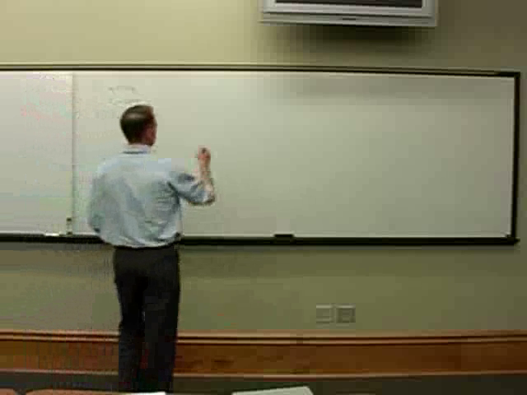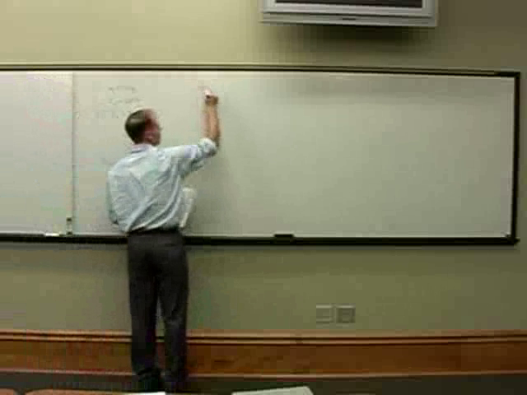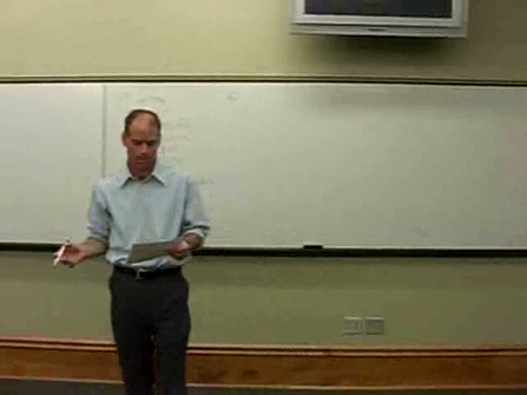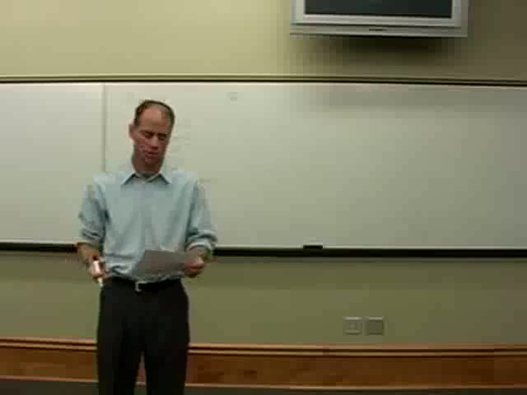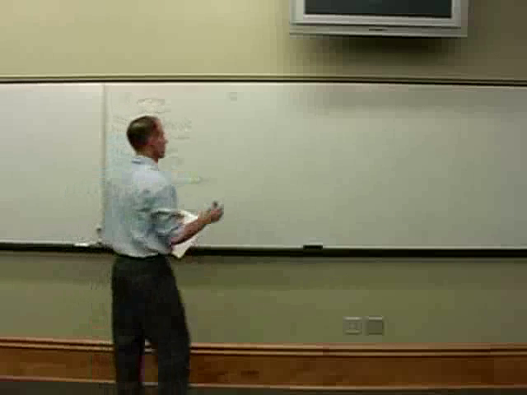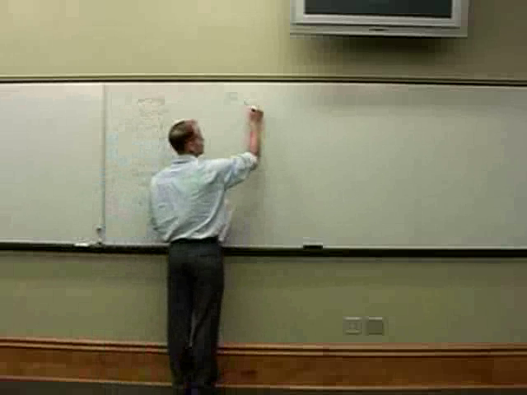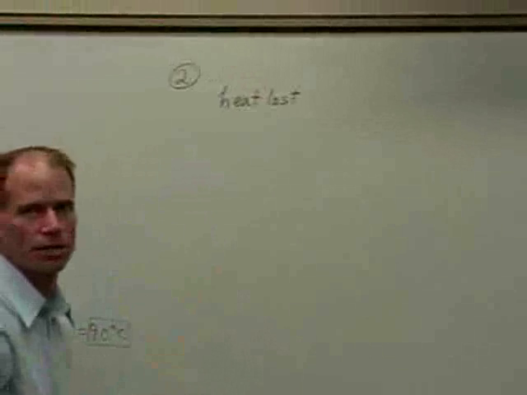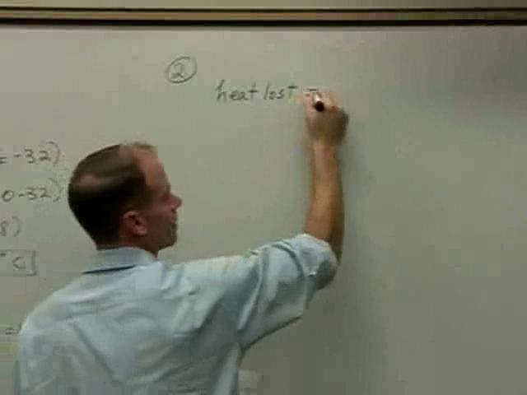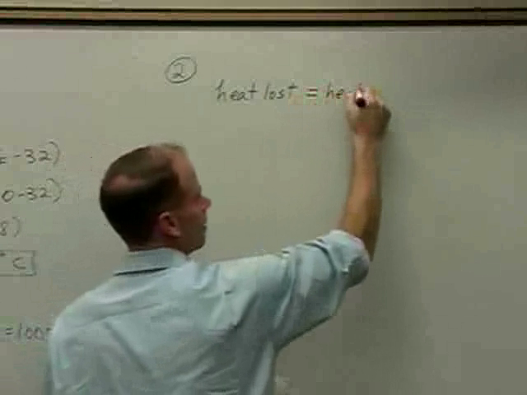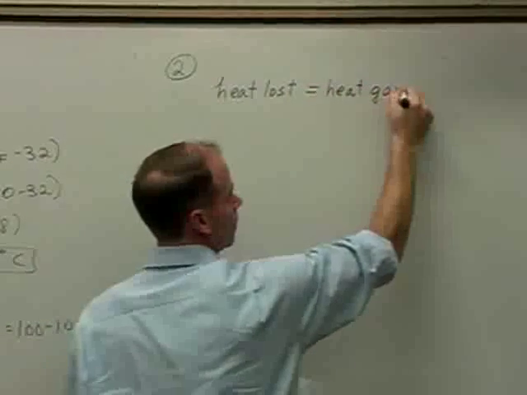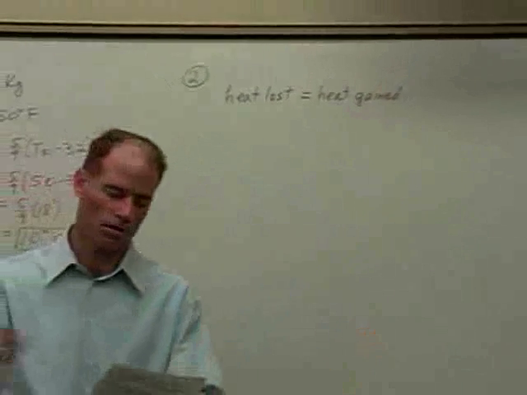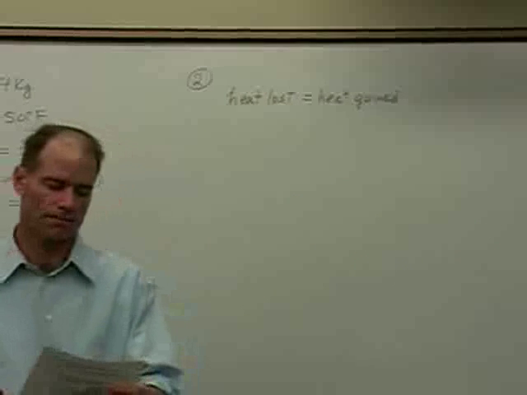Well, let's take a look at this. We're going to add something that's hot to something that's cold, and they're going to come up with the equilibrium temperature. And one way to look at this is that the heat that is lost from the hot object is going to be equal in magnitude to the heat that is gained by the cold object, or in other words, the hot water combined with the cold water.